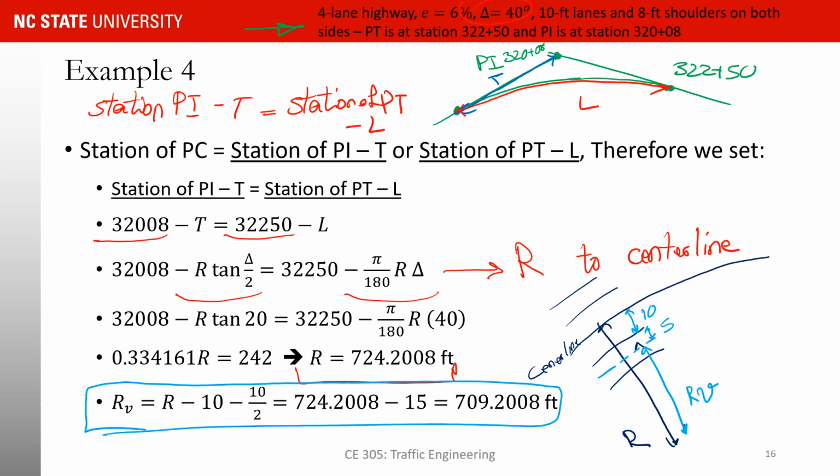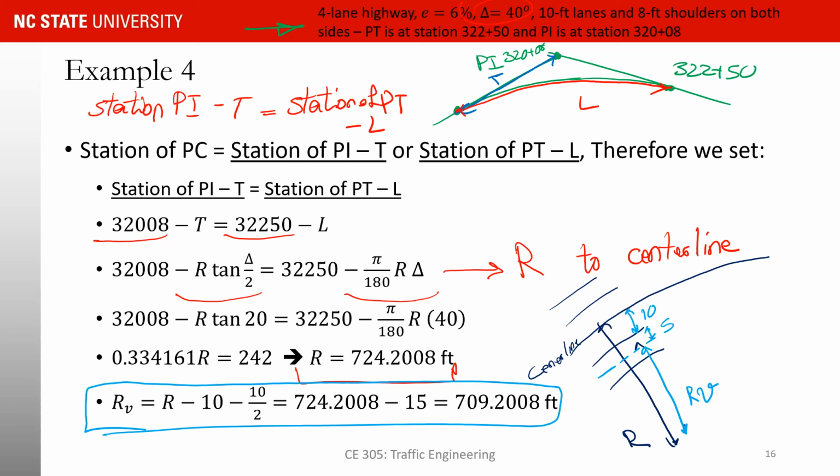The first thing that comes to my mind is my vehicle's cornering capability. So do I have enough radius and enough super elevation and enough friction that my vehicle is not going to drive off the curve? Okay, that's the first thing.